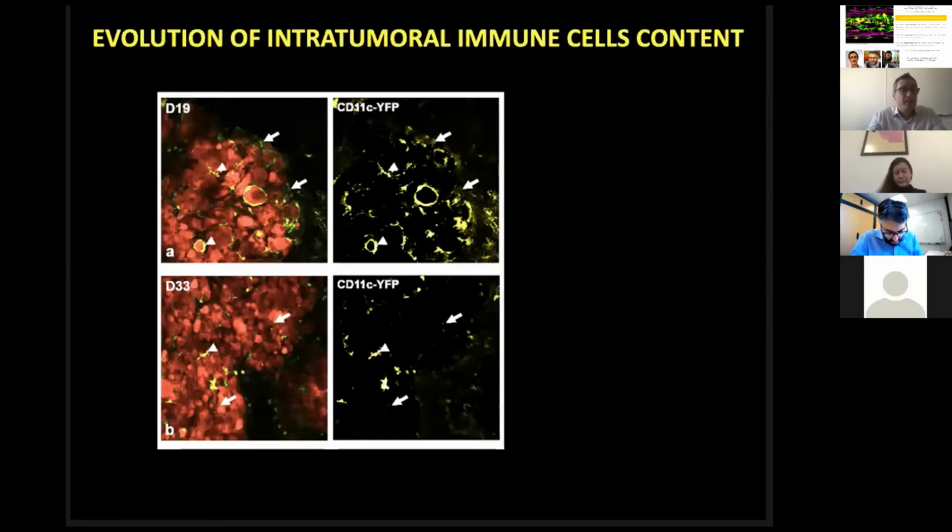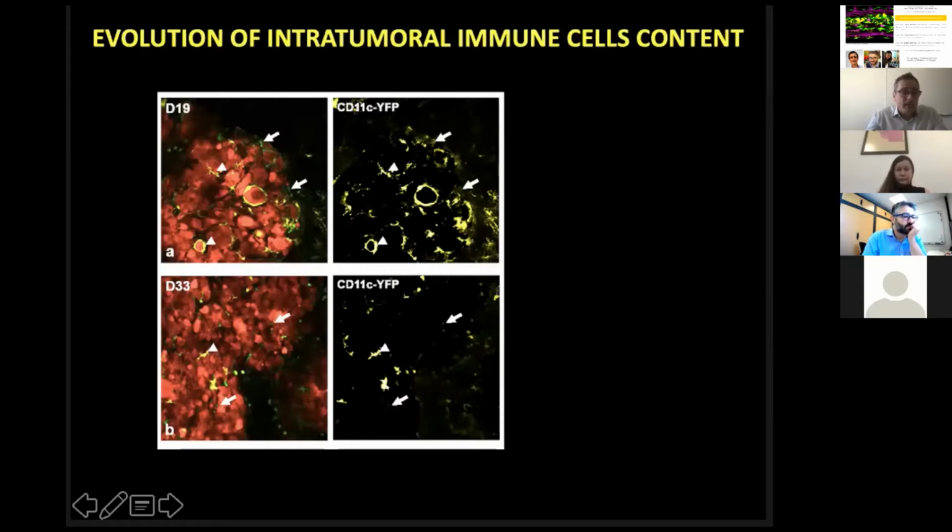And basically, what was particularly obvious and unexpected was that the microglial cells that were very much present at the early stage of the tumor were much less present and reduced in density at the later stage of the tumor.